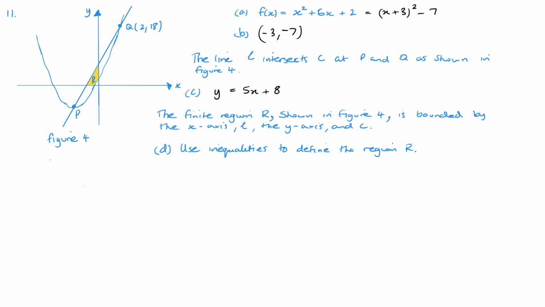So I'll start with the two easiest ones. We've got the x-axis. So the x-axis is known as y equals 0. We want above that. So that would mean that y is greater than or equal to 0. Next one is the y-axis.